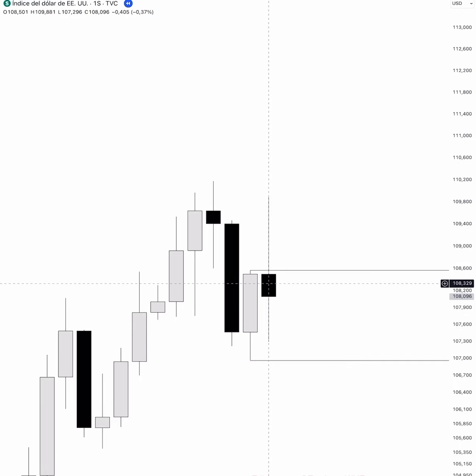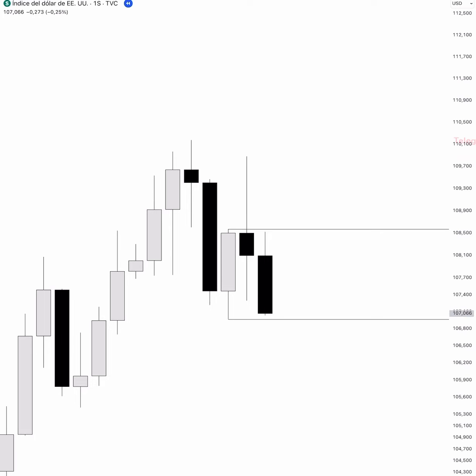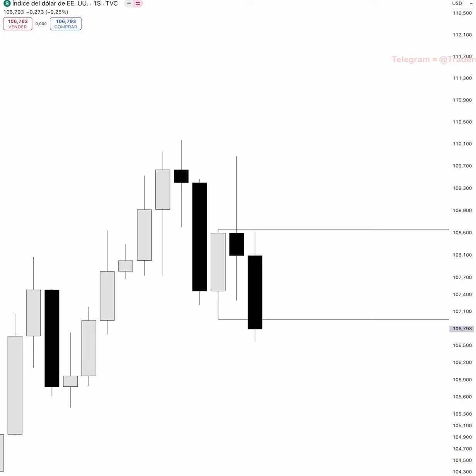In this case, we had wick above, so we expect bearish price action in the next weekly candle, right? So open, high, and then low and close. And that's precisely what happened. Open, high, low, and close.